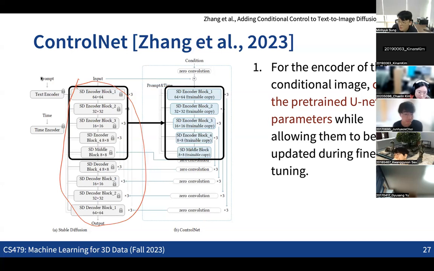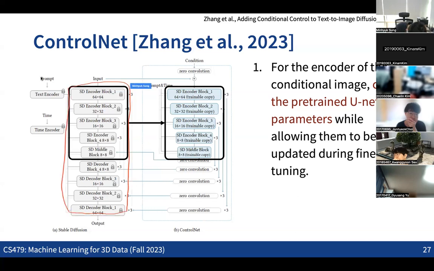Then what's the input of this in terms of the math notation? When this is the noise prediction network, what should be this input?